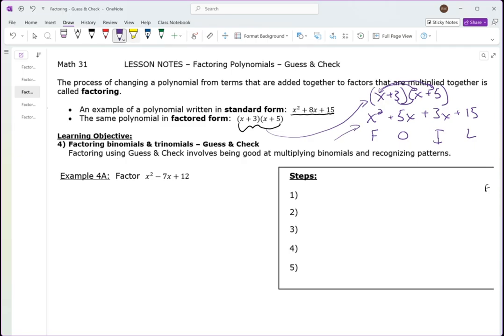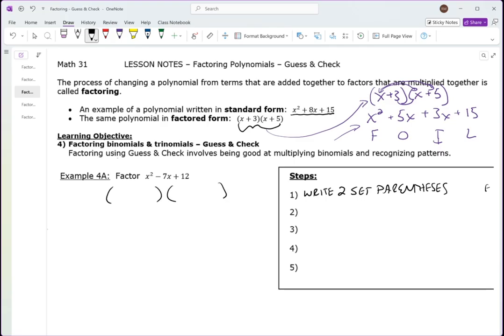Basically, it's exactly what it sounds like. We're just going to make a guess and then check it. So the first thing we need to do is write two sets of parentheses with some space in them, like this.